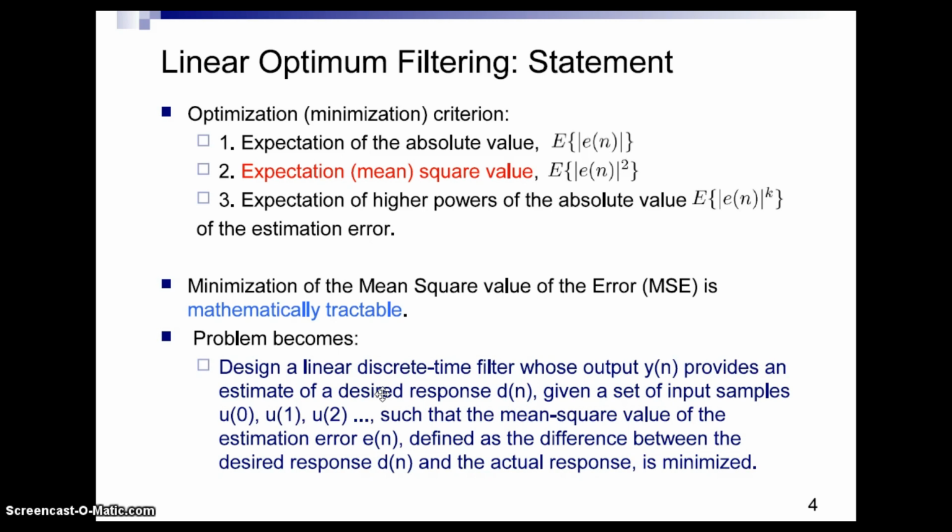The second approach highlights the error performance surface, which describes the second order dependence of the cost function on the filter coefficients. We'll proceed by first deriving the principle of orthogonality, because the derivation is relatively simple and the principle is highly insightful.